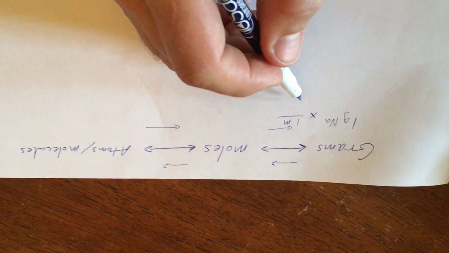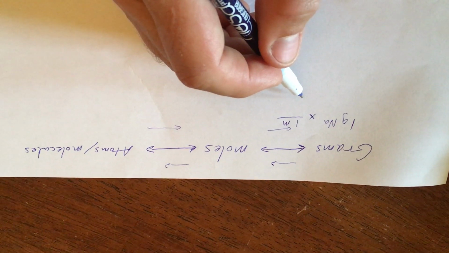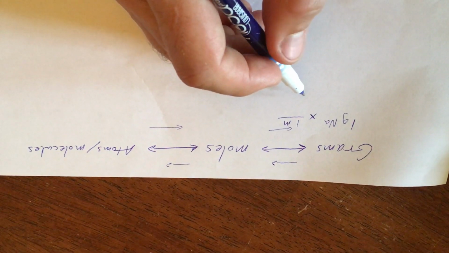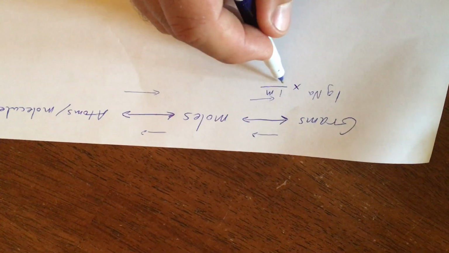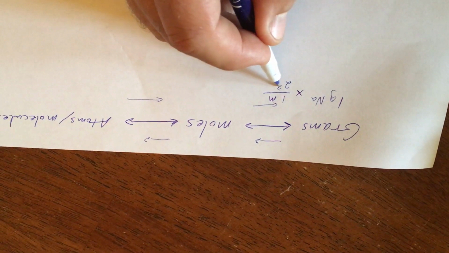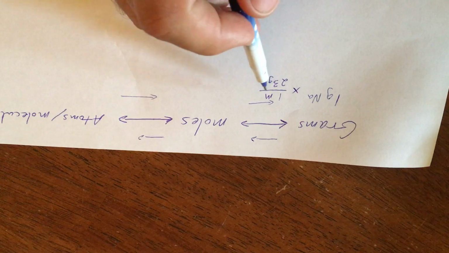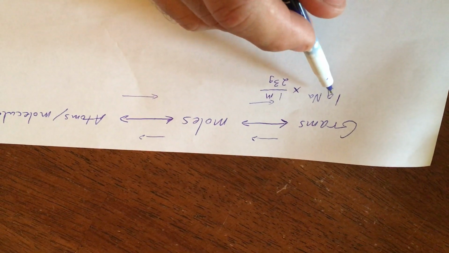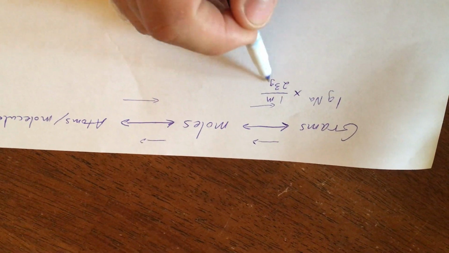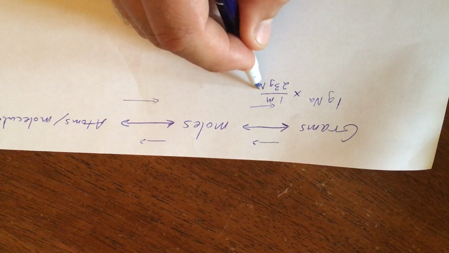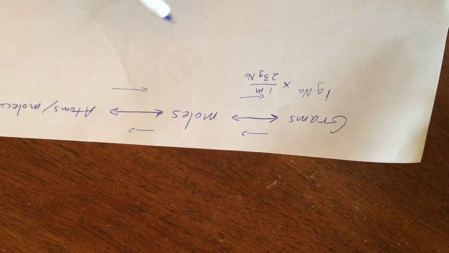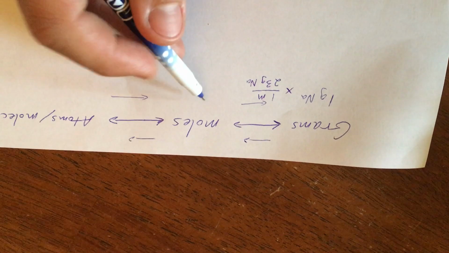For sodium, if you go to your periodic table, you'll find that the molecular mass is about 23. So 1 mole of sodium is about 23 grams. So I could go from grams to moles by basically dividing by my molecular mass, 23 grams of sodium in 1 mole, and that would give me a mole value.